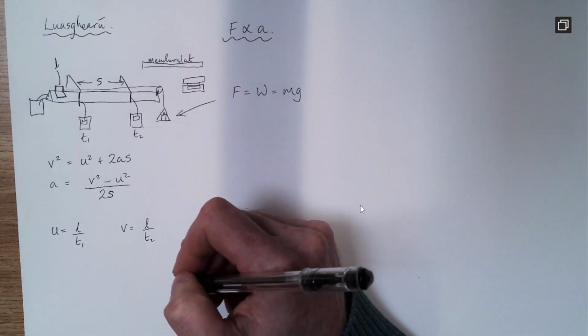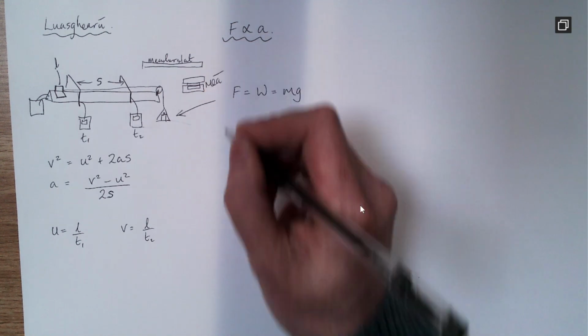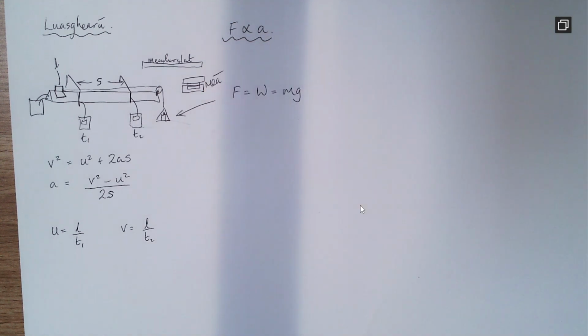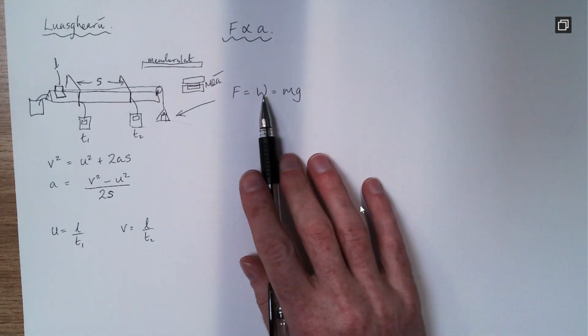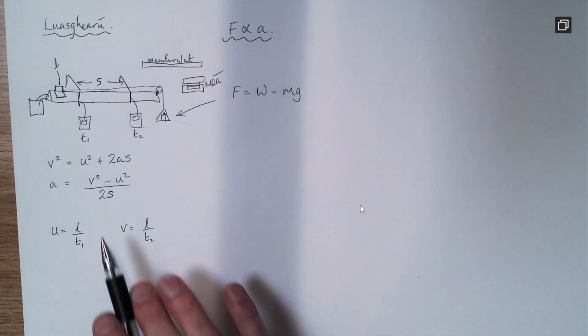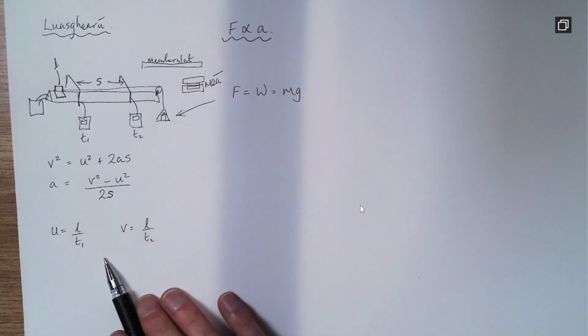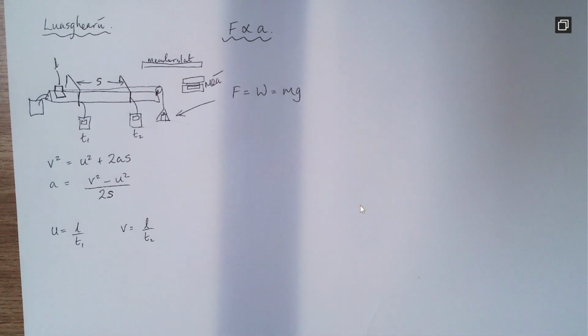Okay, the meter rule is like that. So you reach the force, which equals the weight, which equals mass times gravity. Okay, then you get an acceleration as before. Same method. I guess the question is how do they work out acceleration?